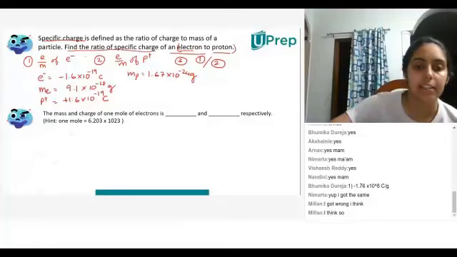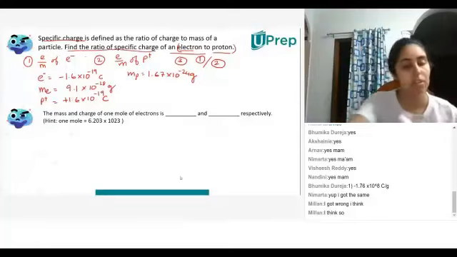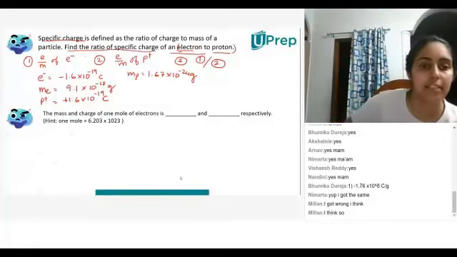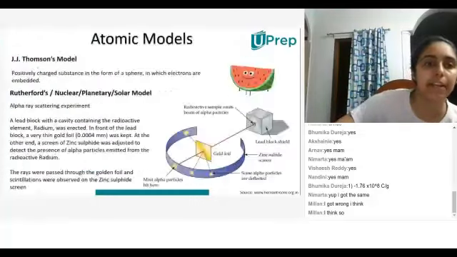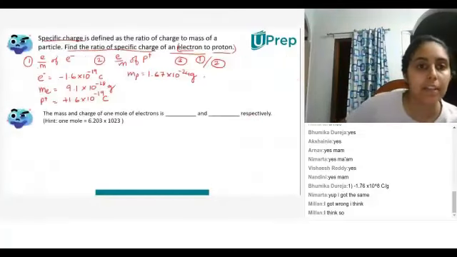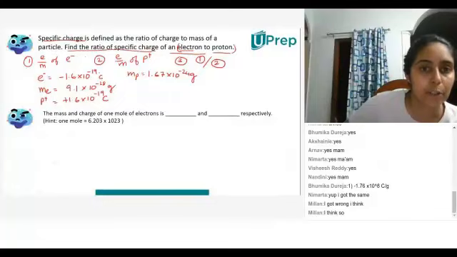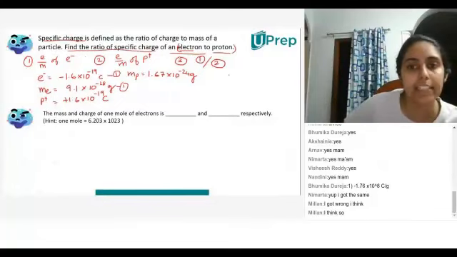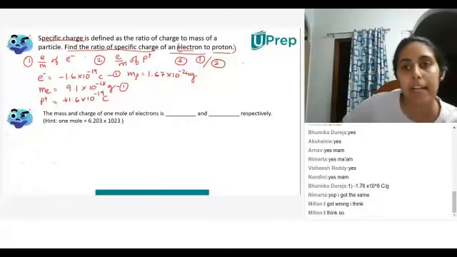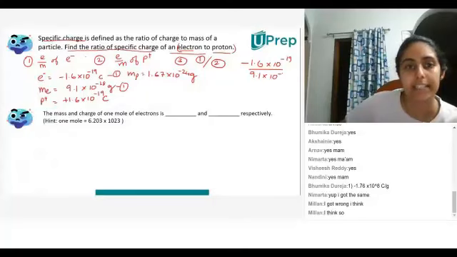Alright, let's do the first part. The first part says E by M, right? So E by M of electron. So I'm going to use this and this for the first equation. I'm just going to divide these two things. So that is minus 1.6 into 10 to the power minus 19 divided by 9.1 into 10 to the power minus 28.